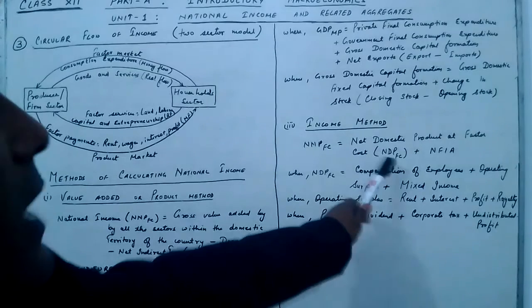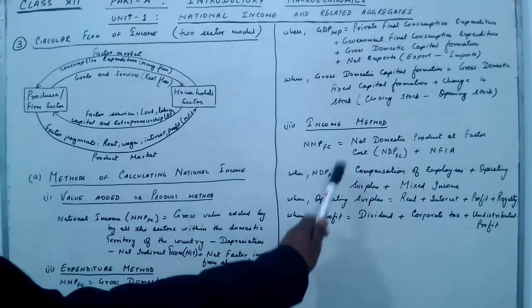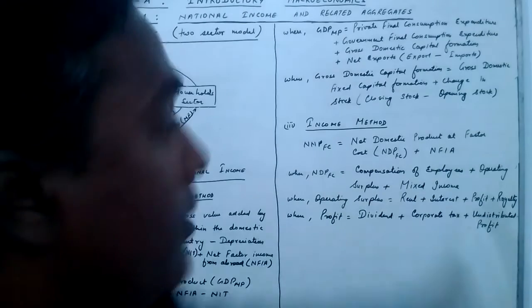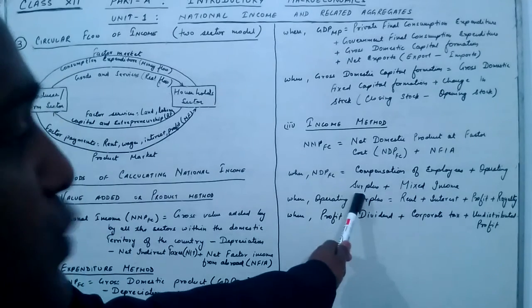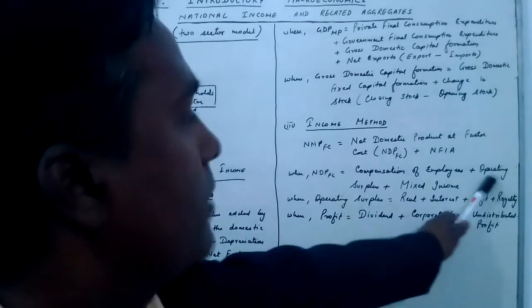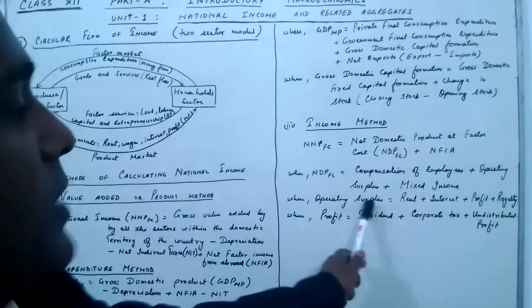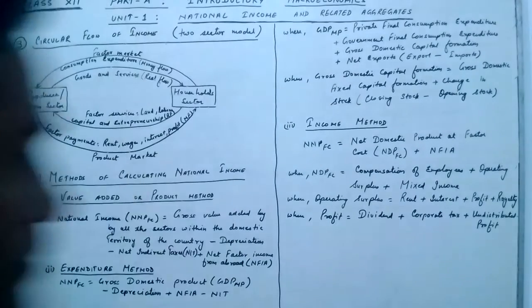Now this NDP at factor cost is calculated as compensation of employees plus operating surplus plus mixed income. Again, this operating surplus has a formula. Operating surplus equals rent plus interest plus profit plus royalty.